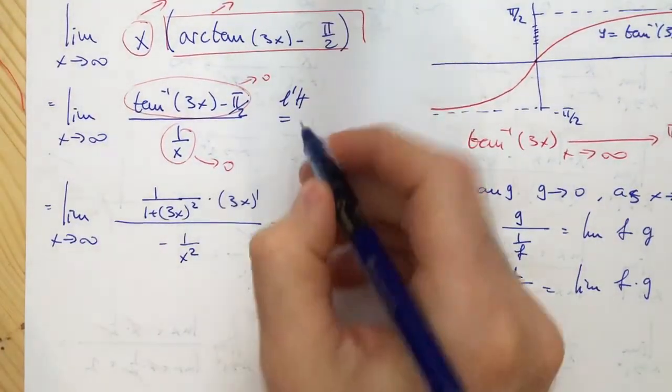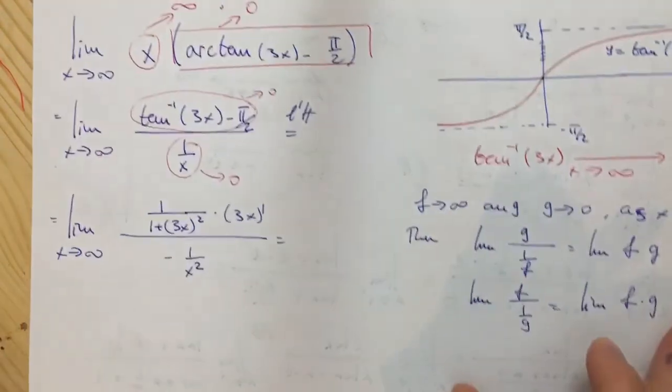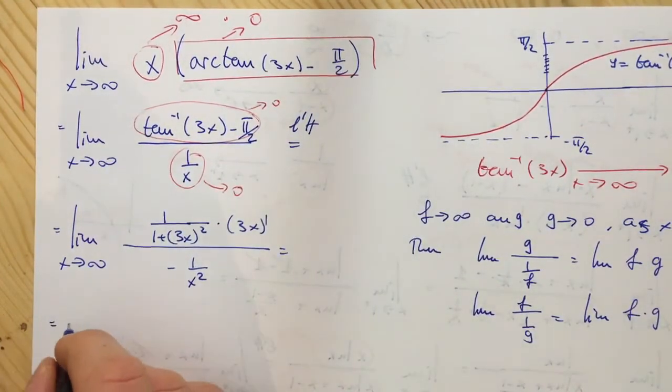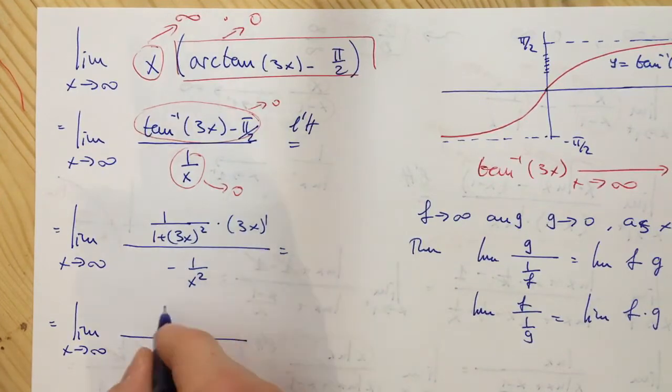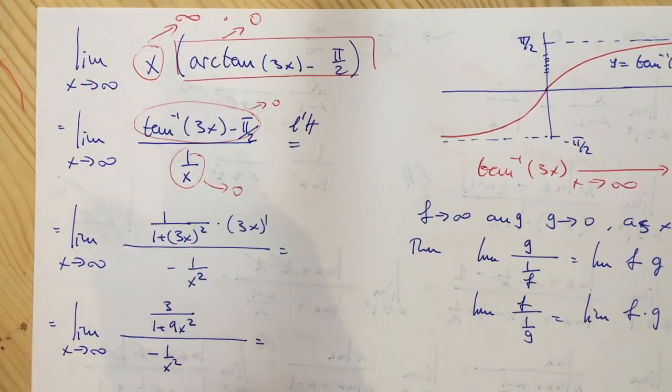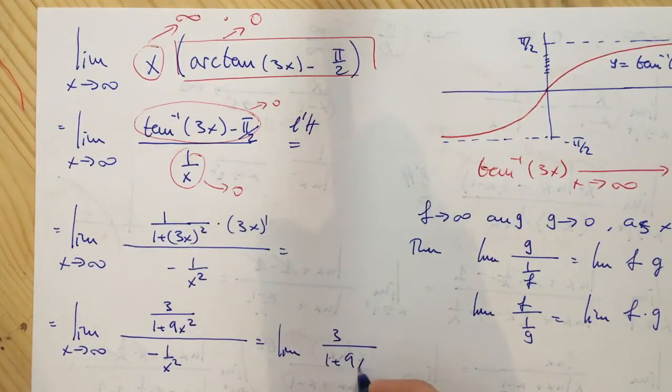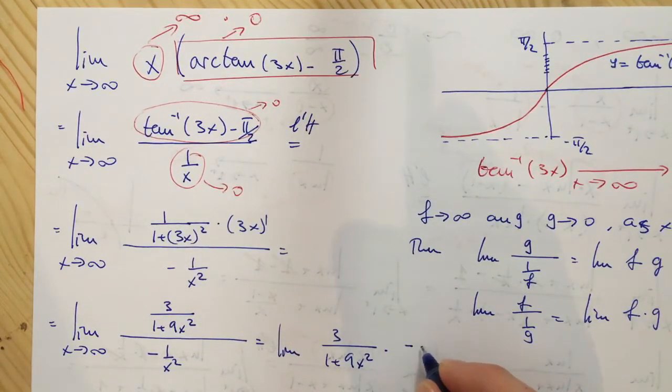Okay, now because we've used L'Hopital's rule, we have to simplify this expression a little bit, clear it up. Derivative of 3x is just 3, so 3 over 1 plus 9x squared divided by negative 1 over x squared. Okay, this is going to be the same as 3 over 1 plus 9x squared times the reciprocal of negative 1 over x squared. That's simply negative x squared.